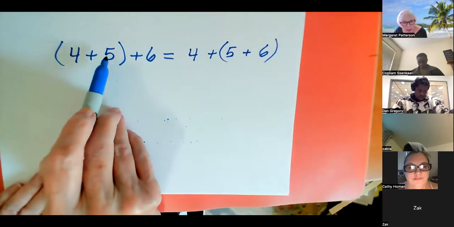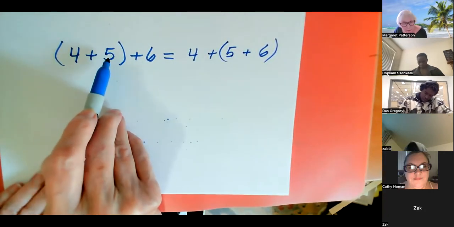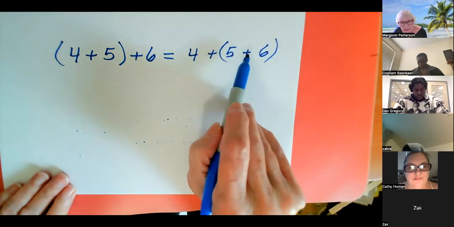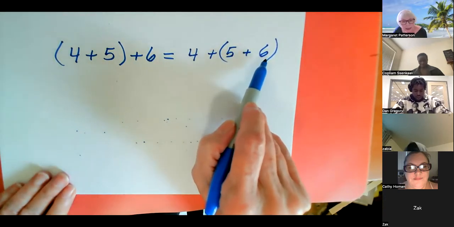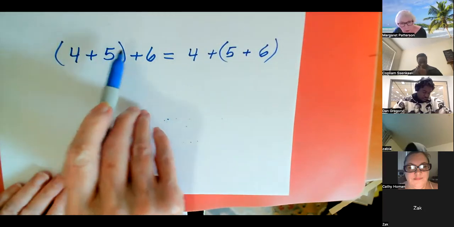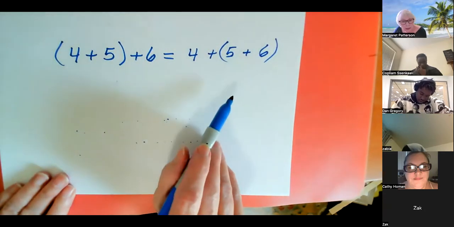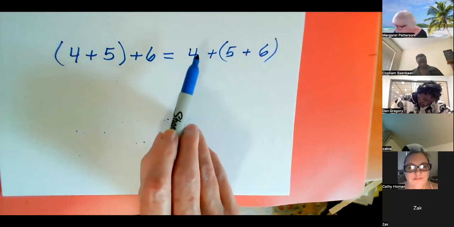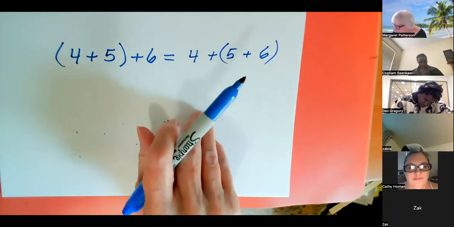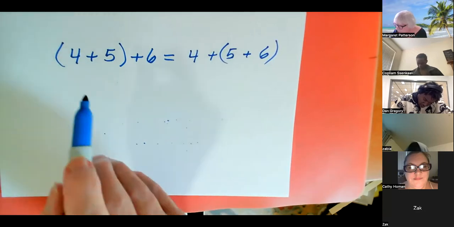In this case, you would be adding the 4 and 5 first. But in this case, you would be adding the 5 and the 6 first. It doesn't really matter. You would end up with the same answer regardless because it's all addition. But that's the way they wanted you to answer that question. That's the associative property of addition.